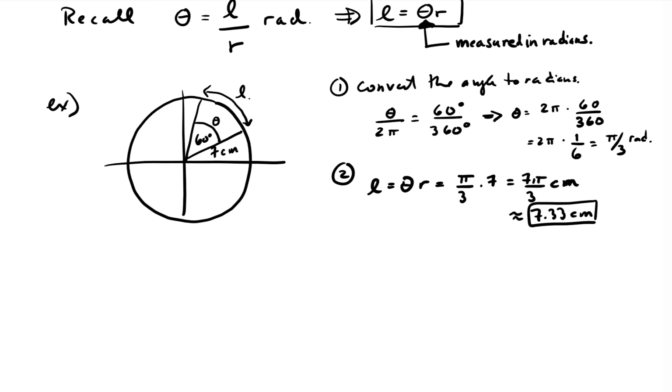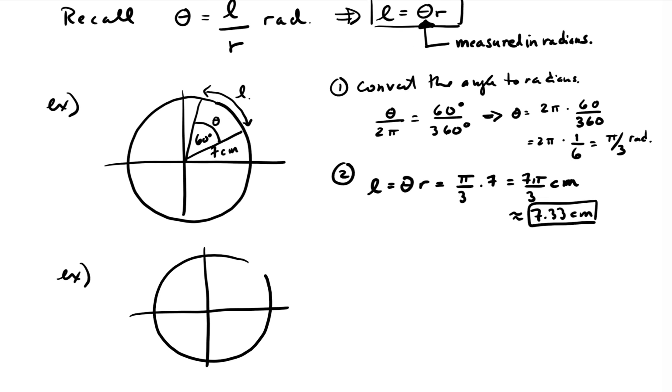Here's another example. You're given a circle, but this time you know the angle. The angle is 2 radians. Remember, 1 radian is like 57 degrees, so 2 radians is 57 times 2, so it's a bit above 90 degrees.